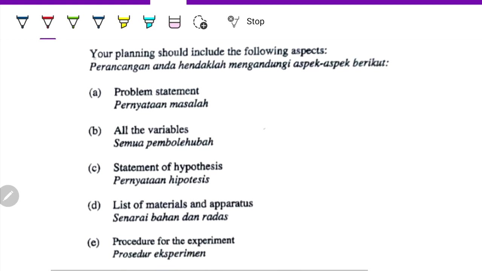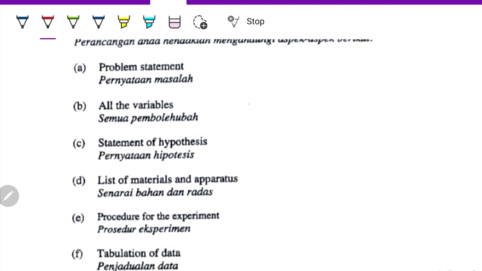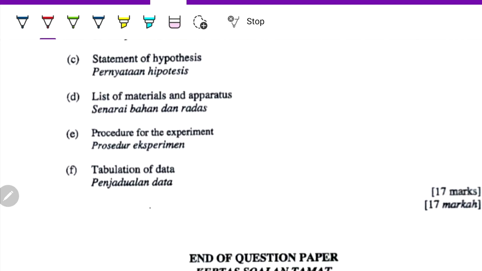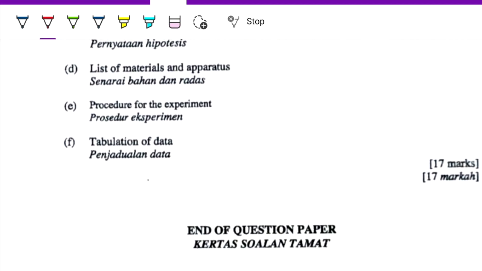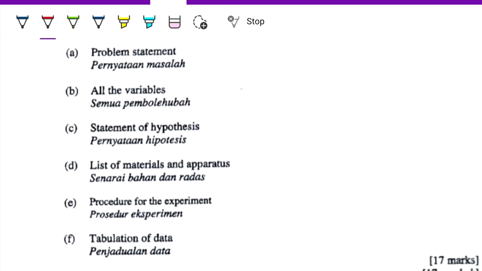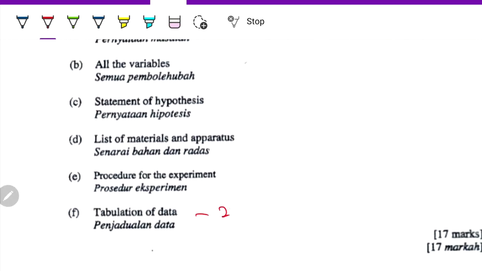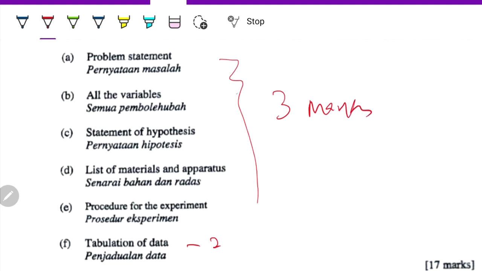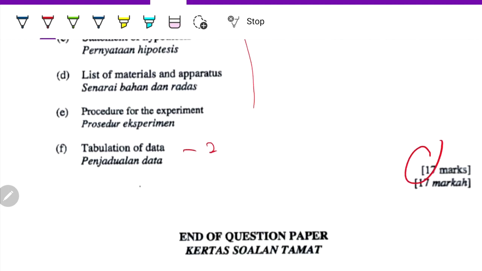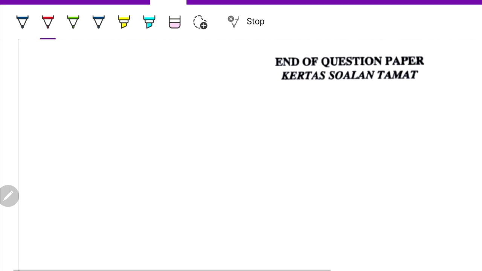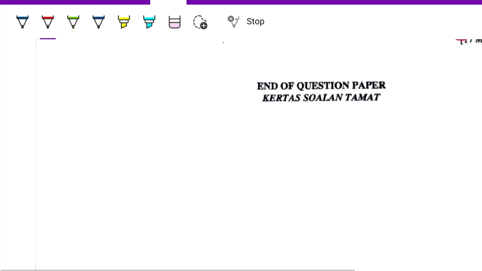These are the standard ones: problem statement, variables, then hypothesis, and then list of materials and apparatus, and then procedure, finally tabulation of data. Normally, this one will be 2 marks. The others are 3 marks. So the total is 70 marks for this question. So let's try.